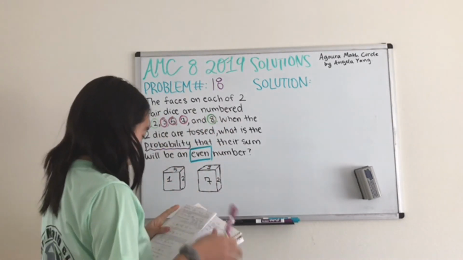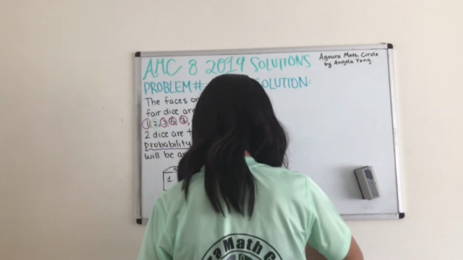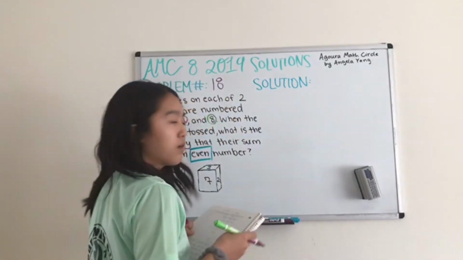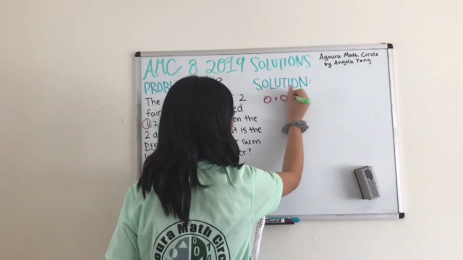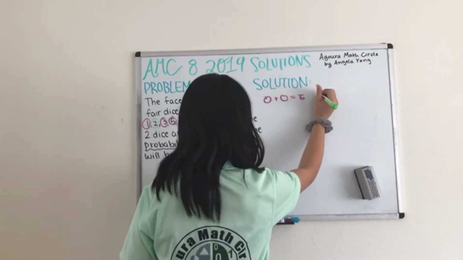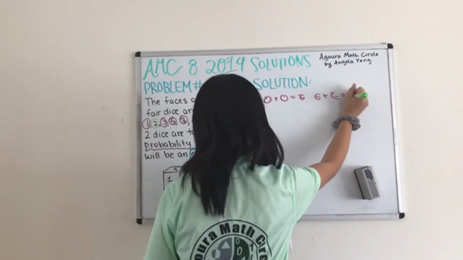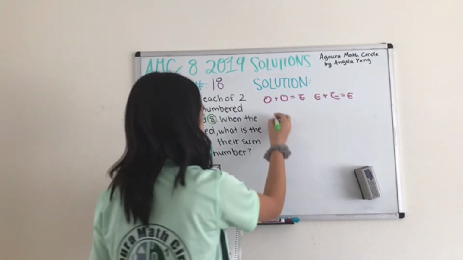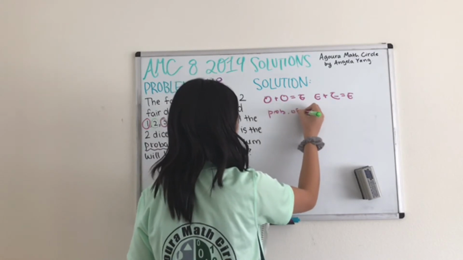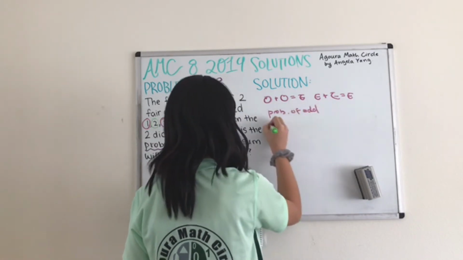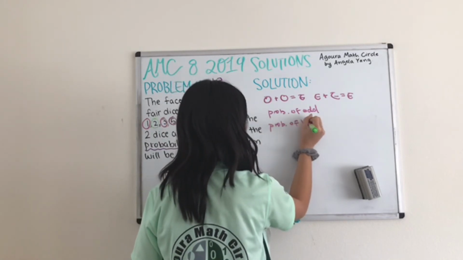So now that we know this, we can see that the probability, by now we should all know that an odd plus an odd equals an even, and an even plus an even equals an even, sorry. And now that we know this, the probability that the numbers will both be odd, and then we need to know the probability of both even.